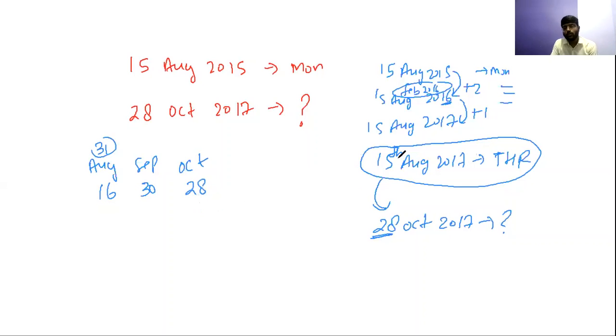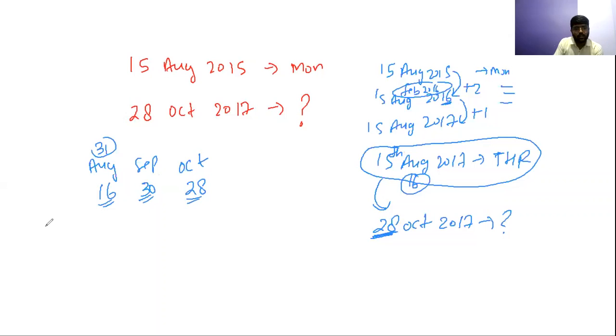What I'm trying to do is go from 15th August to 28th October, so I just need to find how many days there are. So 16 days are remaining in August, September is of 30 days, and in October I will count up to 28. Here only 16 days because August is of 31 days and the 15th is already known.